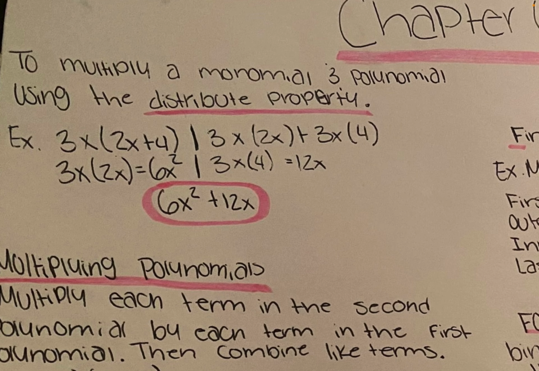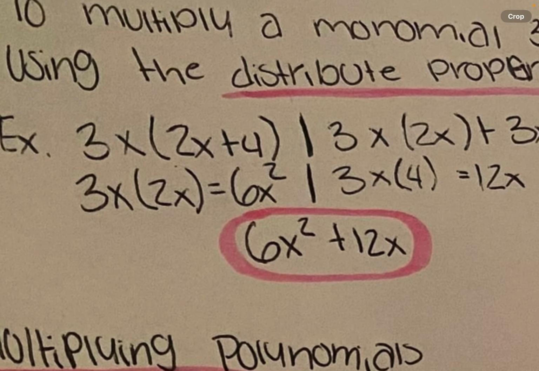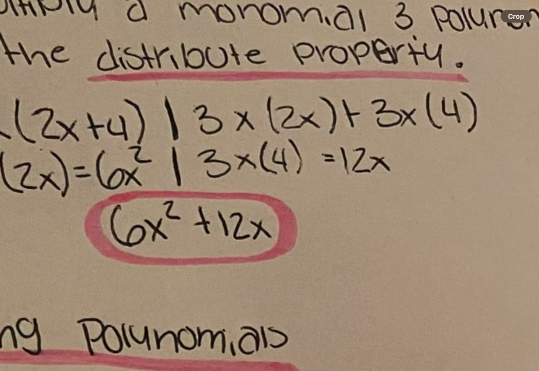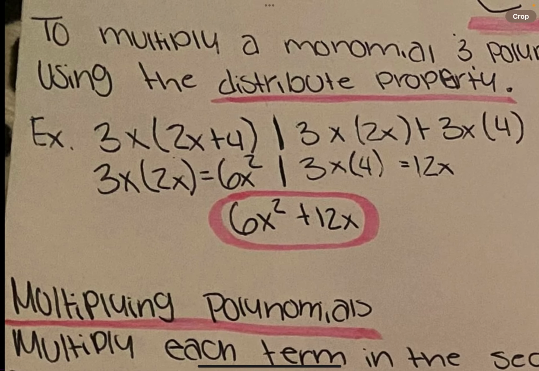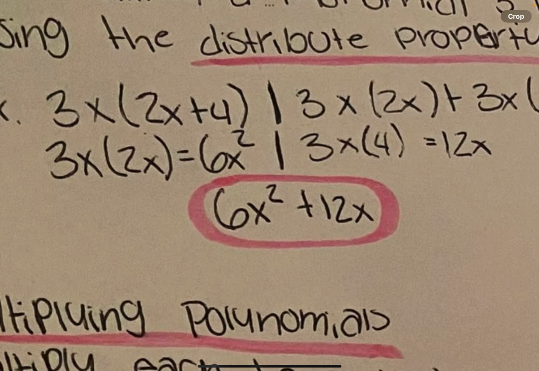distributive property. And this example is 3x with the parentheses 2x plus 4, which equals 3x, open parentheses 2x, plus 3x with open parentheses 4, close parentheses. So beneath it is 3x, which is going to stay the same. 3x times 2x equals 6x to the power of 2.